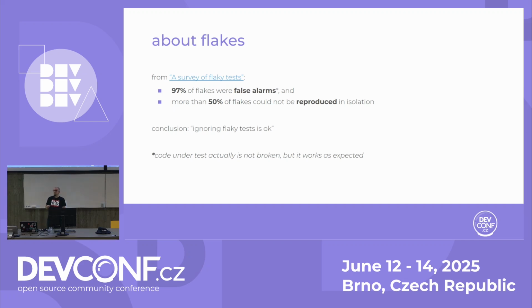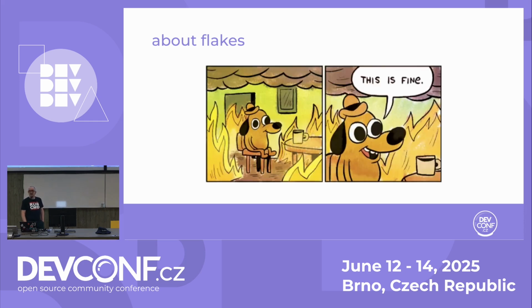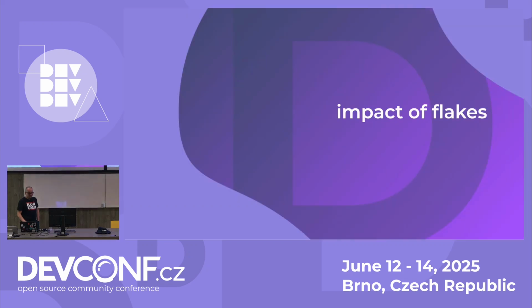So the code worked as expected, but the test still failed. And more than 50% of those test cases could not be reproduced in isolation. So basically, that led them most of the time to think, OK, we can ignore these. Can we? Is it fine? I don't think so.